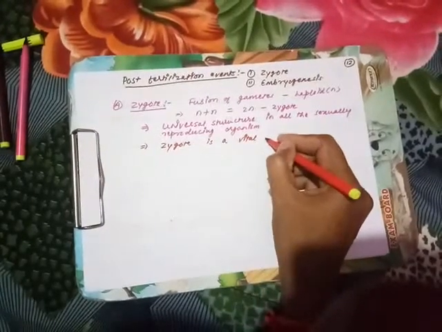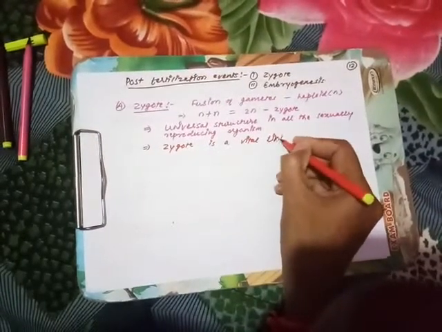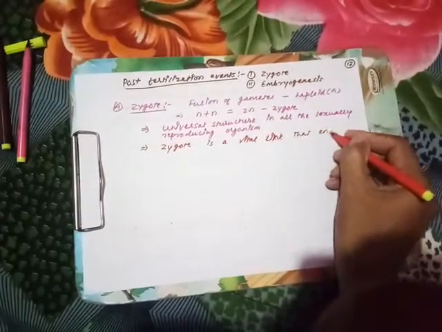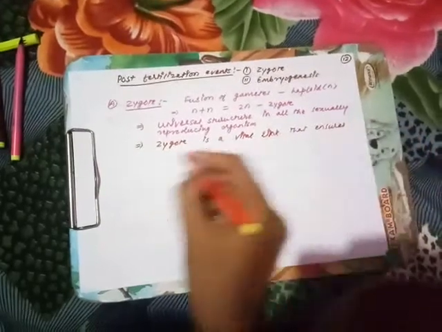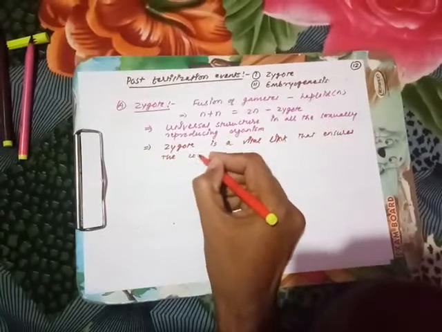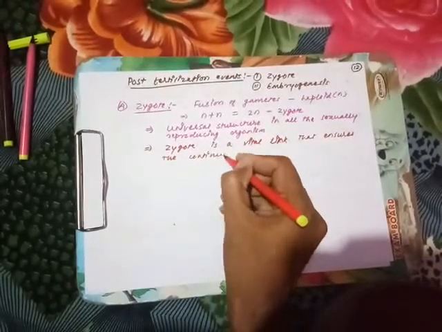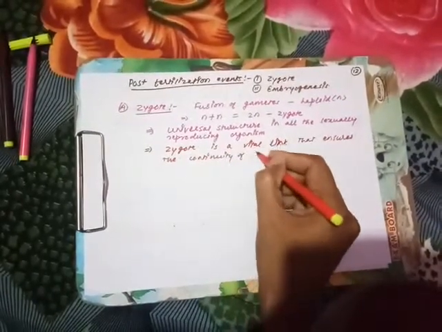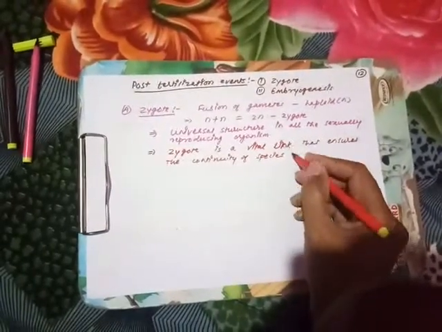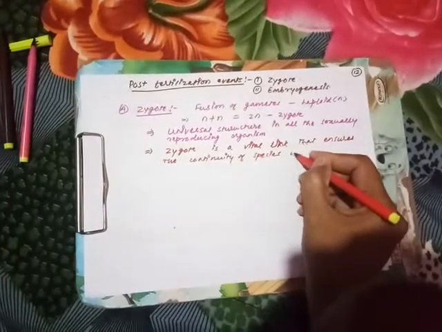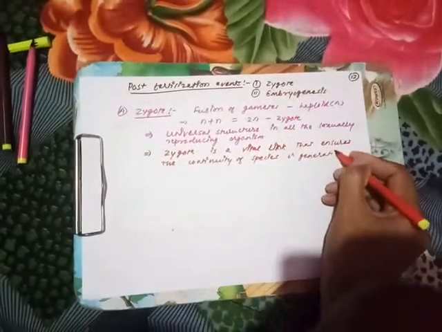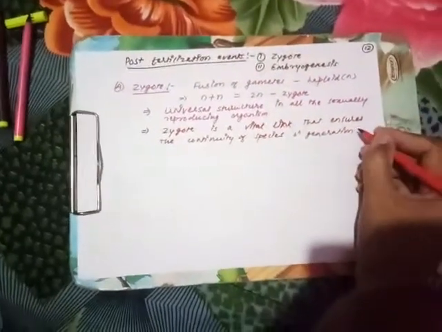Vital means a living structure, or living link, that ensures the continuity of species between organisms, between generations. Are you getting the meaning of this point?